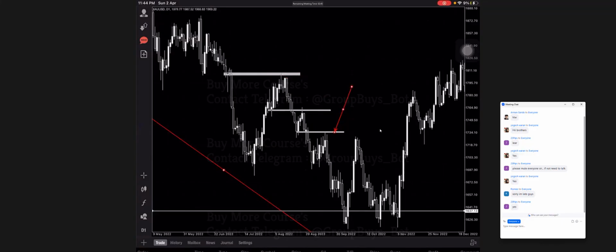Because it makes us less stress, you know. It does not make us confused about where we want to re-entry. For example, I will wait here for the breakout, this level breakout, and then I will re-entry when it comes to pullback.